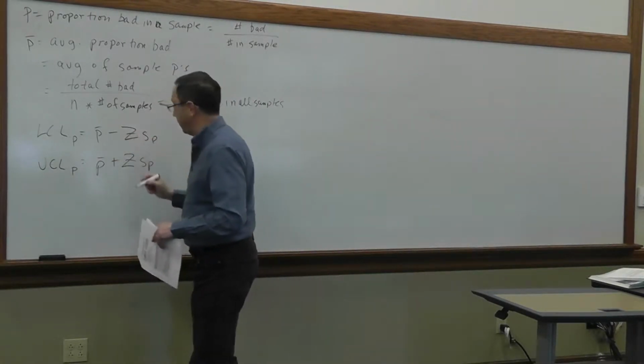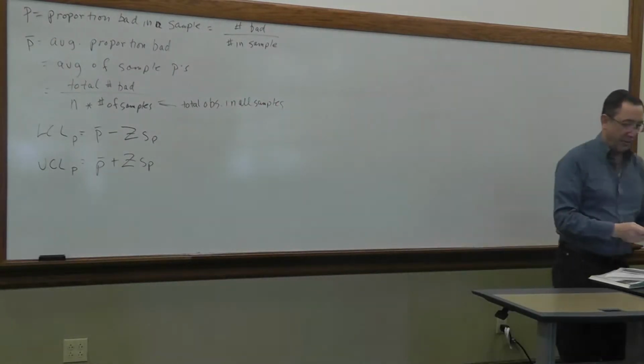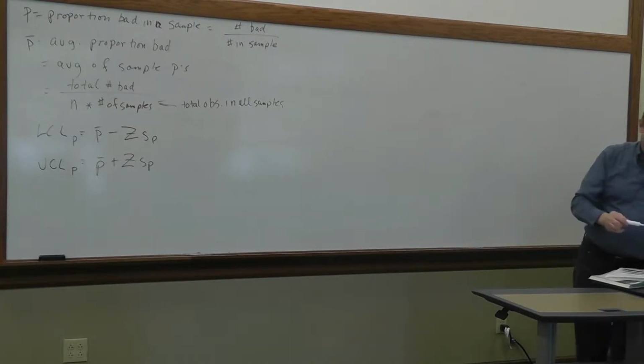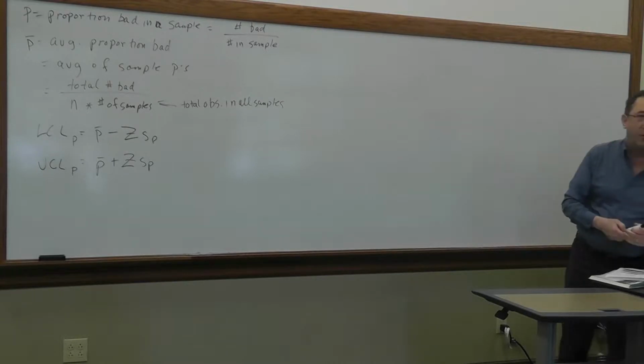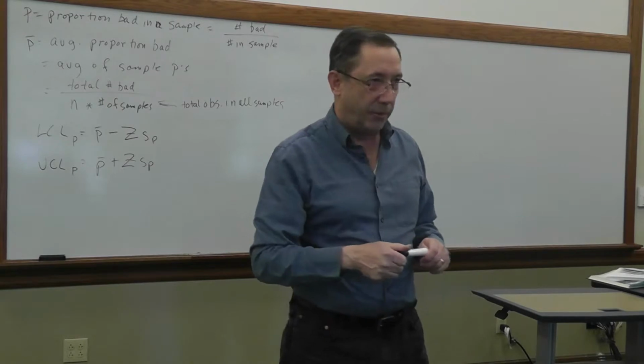What does Z stand for here? What does Z always stand for in stats? Not mathematics, what does it mean? Some of you guys have had stats over and over again. We'll talk about Z again when we get into inventory.